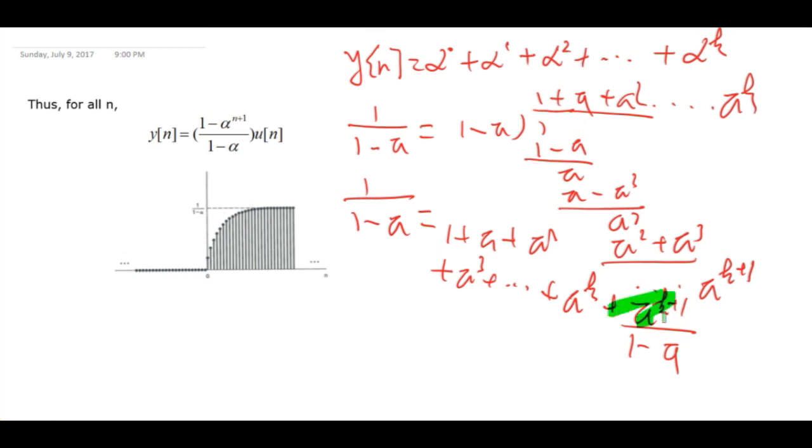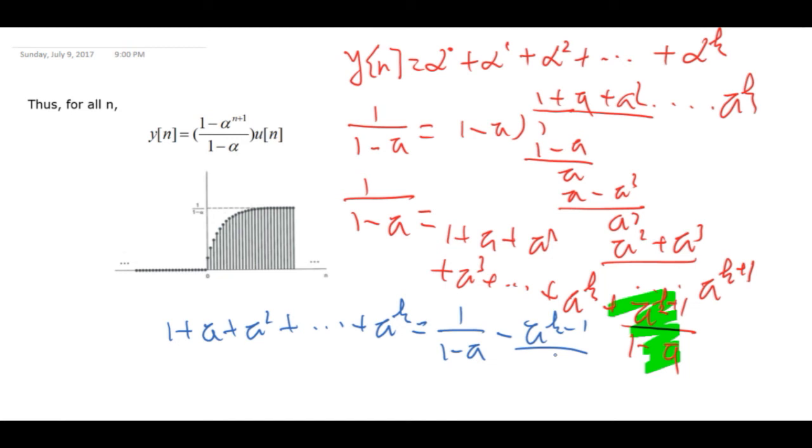And this is the term that we don't want. So basically, what we can write is 1 plus a plus a square plus dot dot dot plus a^k equals 1 over 1 minus a, minus a^(k+1) over 1 minus a. And this, in fact, is the expression that we are talking about.